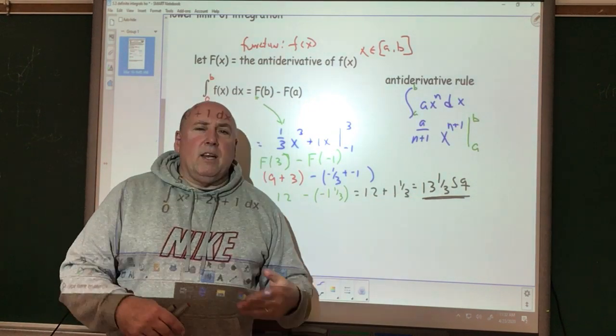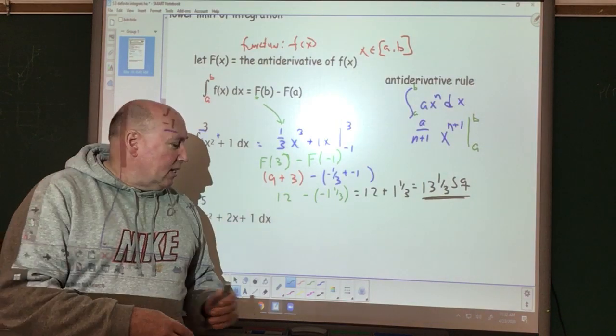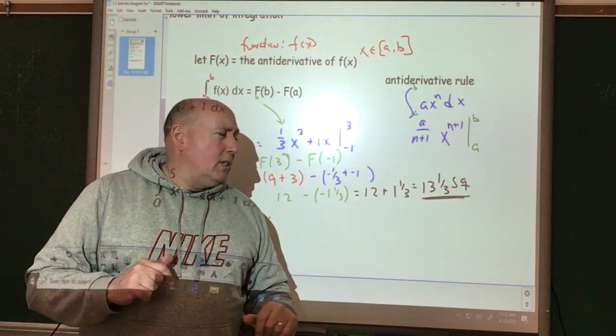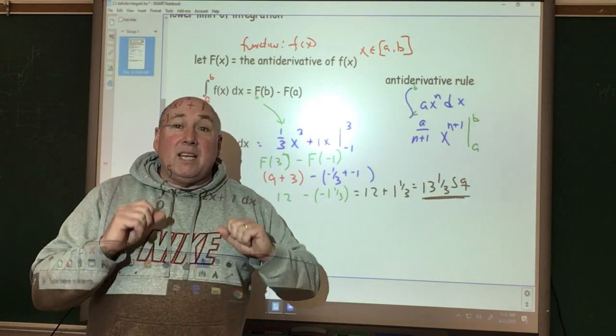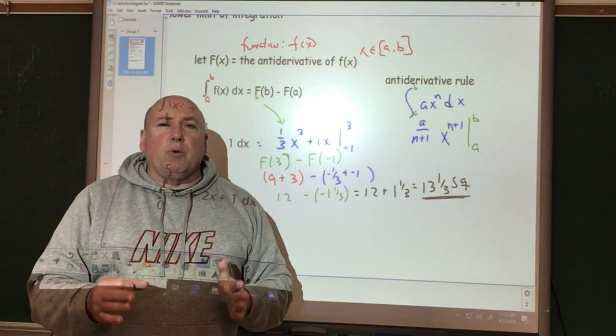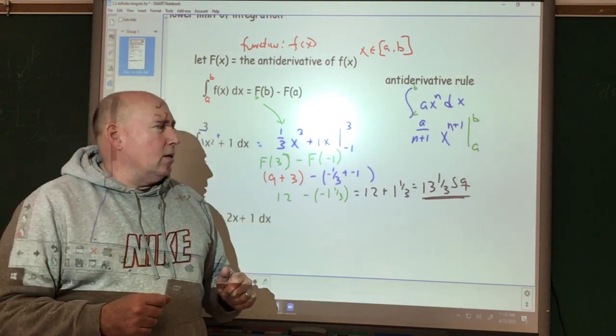So 13 1/3 is the actual value, and you can see even with our delta x being 1, the trapezoid sum and the midpoint sum was not a bad approximation to this. Was not bad, but the actual value is 13 1/3 squares.